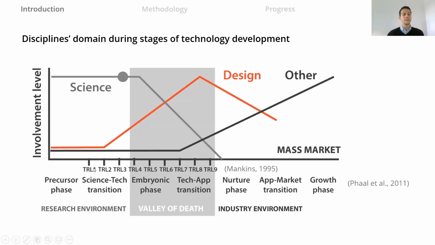They were developed by NASA to evaluate projects, and basically when they are at an immature stage, this is fundamental science where there are no clear applications yet. And at technology readiness level 4, there are already some applications identified, but the technology has only been tested in the lab.